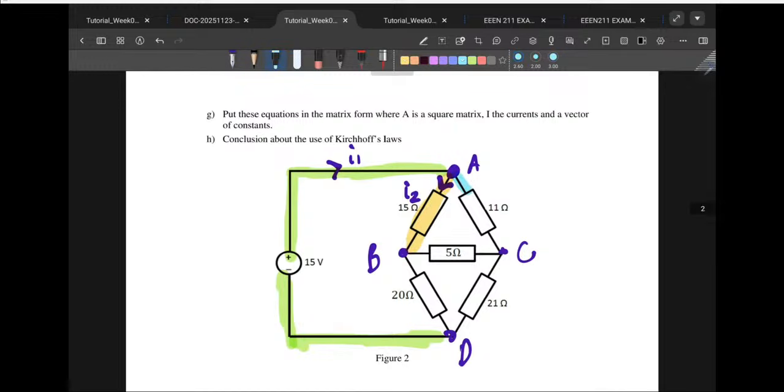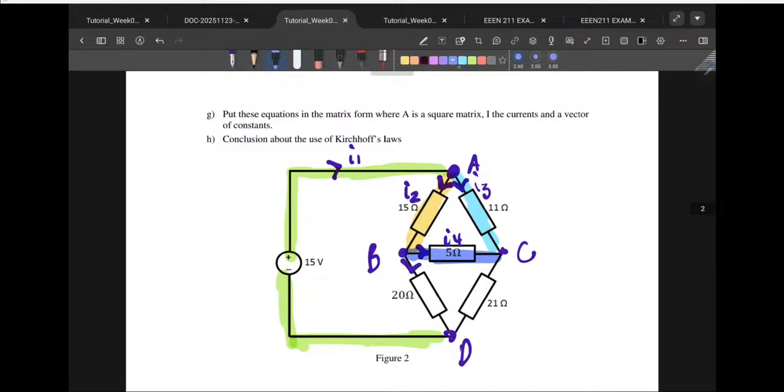Then I need to put a current for another branch, which is this branch, and I'm going to call it I4. And you make it face wherever you want. If you want to come like this, then you're going to have a current which comes out of this branch, and we need to choose a color like this. This is going to be current number 5, so this is going to be I5.